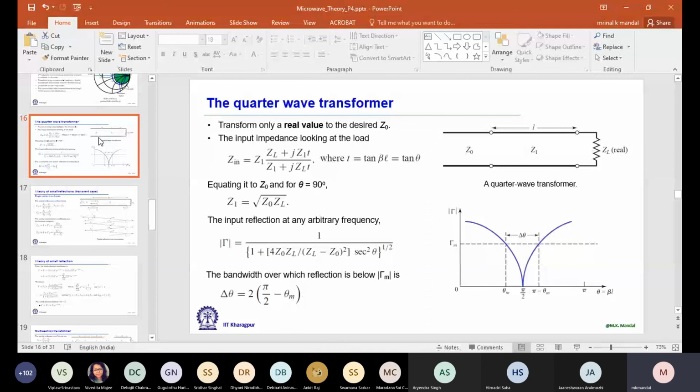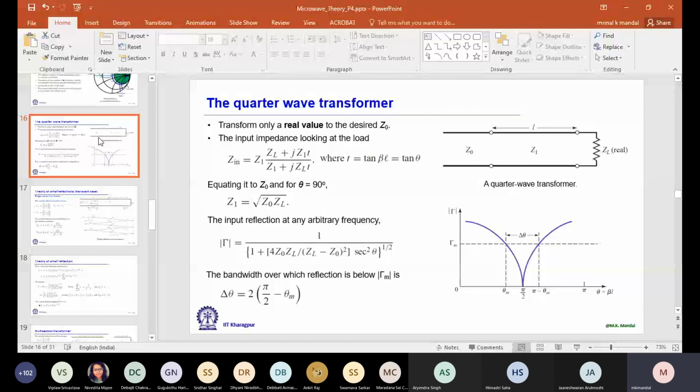Let me give you one example. That impedance transformer you already designed, the quarter wave transformer. Now, what you did, you used the relationship you learned from lossless transmission line theory. Theta should be 90 degrees, then the characteristic impedance is the square root of Z0 into ZL, right? So for the given problem, you then most probably used an online calculator to obtain the dimensions of the matching section of microstrip line.